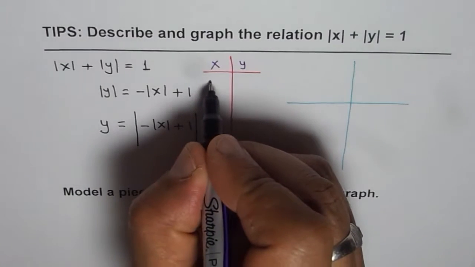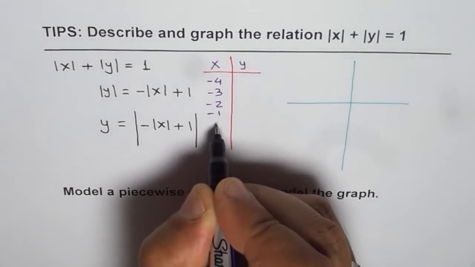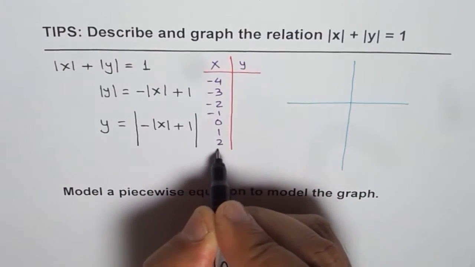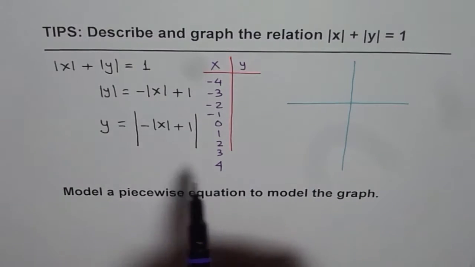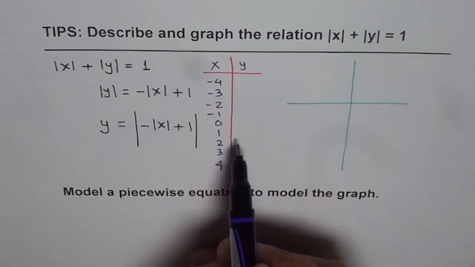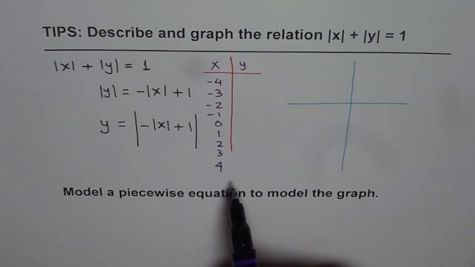Let us say we have minus 4, minus 3, minus 2, minus 1, 0, 1, 2, 3, 4. Corresponding to these values you can calculate the y values, plot them, and you'll get your graph. That is probably the easiest way of sketching this graph.